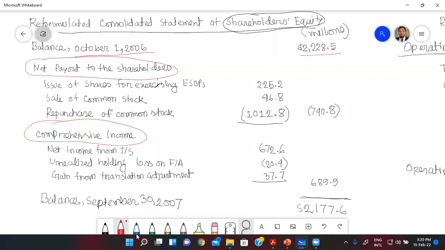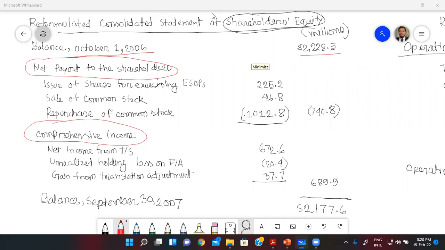Otherwise you will get confused. Let me make it clear so that you get the broad idea first of what we are going to do. We are going to separate out the net payout to the shareholders, and the comprehensive income part.